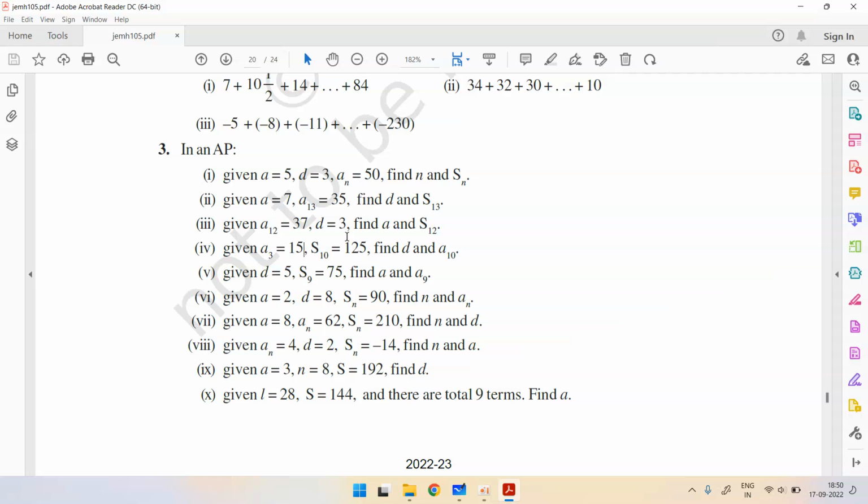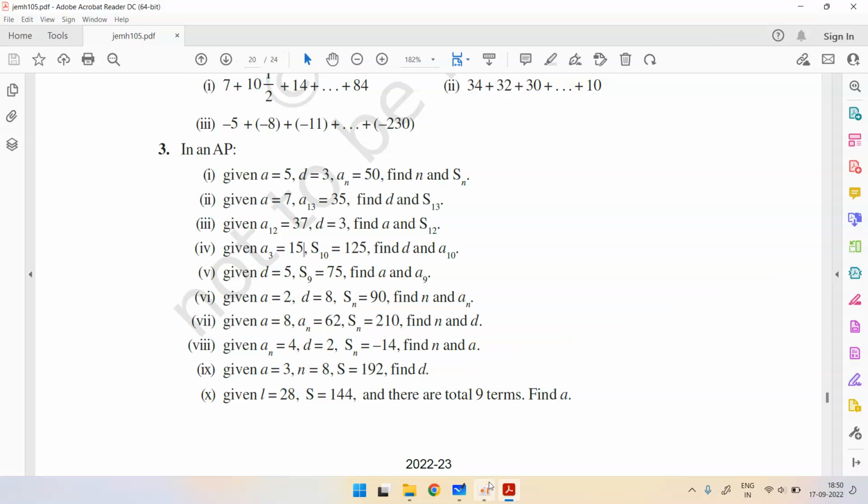Value of a is given, substitute the value of a, and you can find the value of d, and n is already given. So if you directly substitute into the formula, Sn equal to n by 2 times a plus nth term. So n is given, a is given, an is given, you can directly find the value of S13.